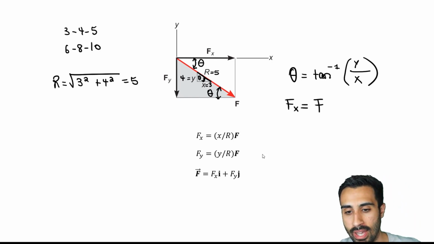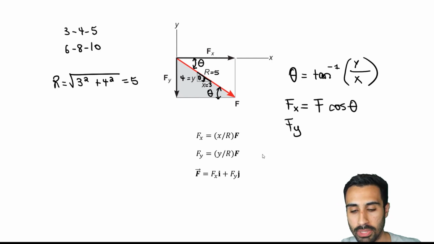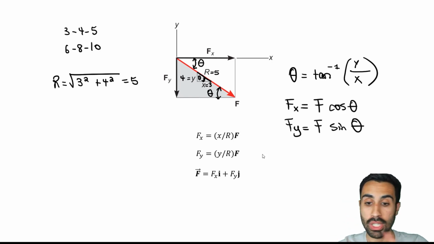So it's going to be F, the magnitude, cosine of theta. Then the Fy has to be sine, so F sine of theta. So you can interchange these. Whatever you feel comfortable with, and also based on the geometry of the truss, the frame, the system we're analyzing, you can get these angles and you can also get these small slope triangles.